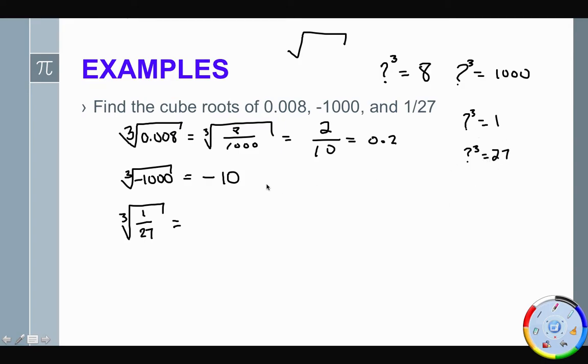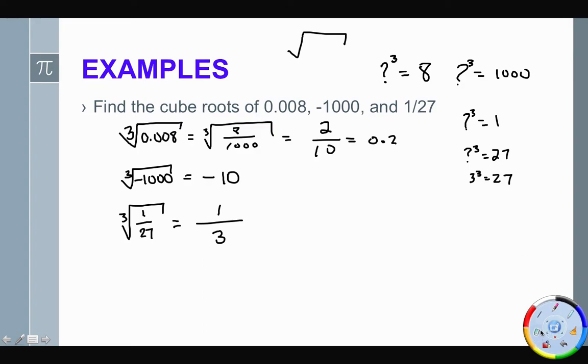Well, 1 to the third power is 1, and 3 to the third power is 27, so that means the cube root of 27 is 3, because we know 3 cubed to be 27. And there we have our first three answers of our examples. So the cube root of 0.008 was 0.2, the cube root of negative 1,000 was negative 10, and the cube root of 1 over 27 is 1/3.